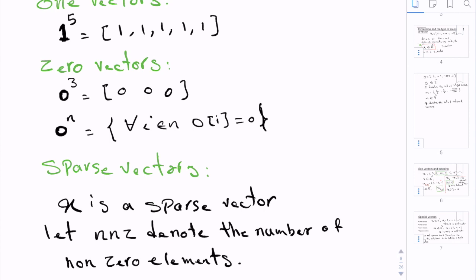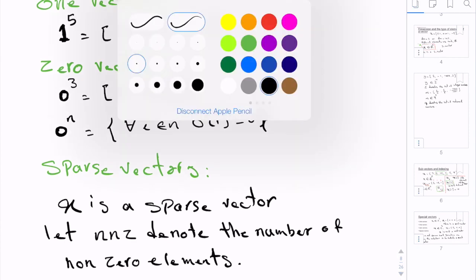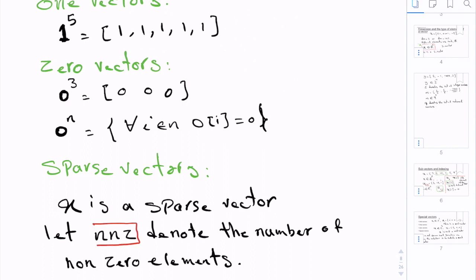In programming we also use this; there is a function called nz, the number of non-zero elements.